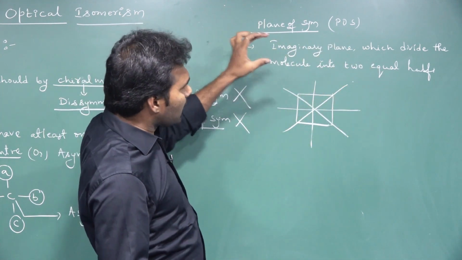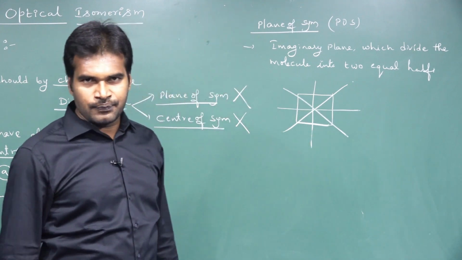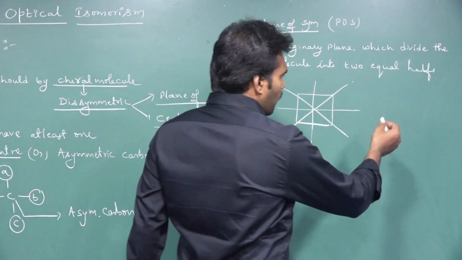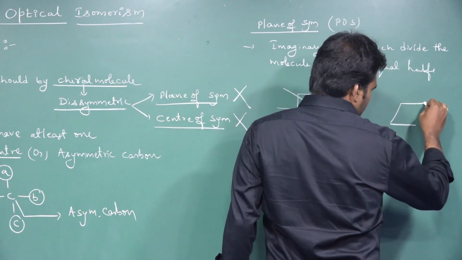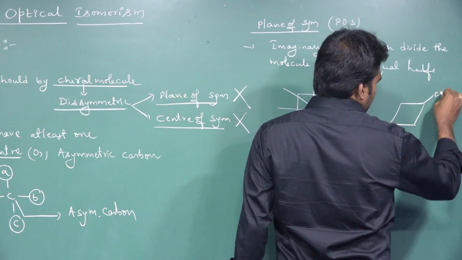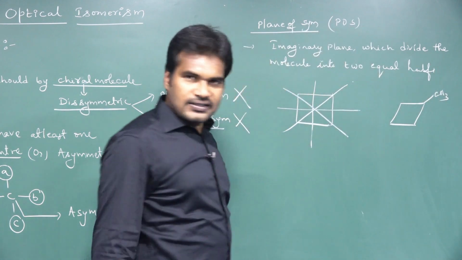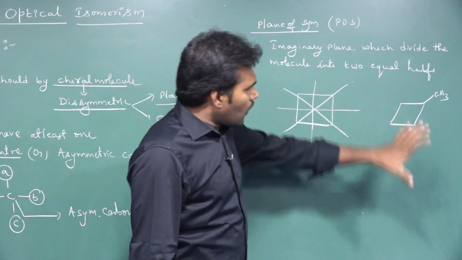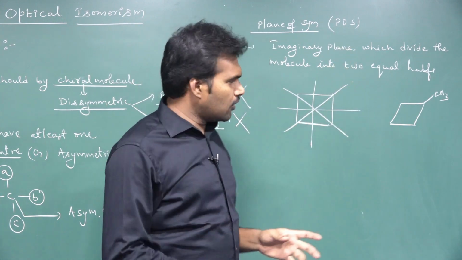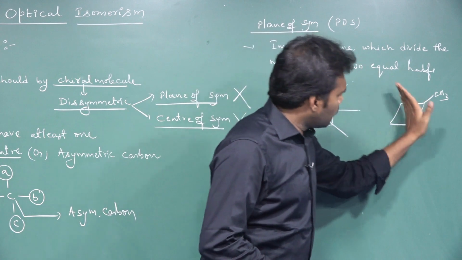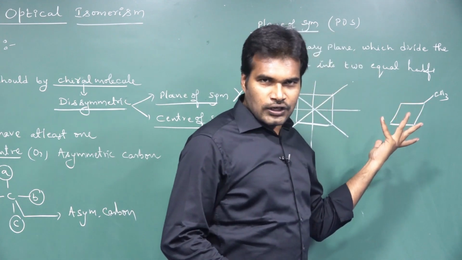Then that imaginary plane we call it as what? Plane of symmetry. For example, I am taking a compound here. Likewise, I have taken. Now tell me, is this compound having a plane of symmetry or not? Obviously, we generally think that if we cut this, there are no two equal halves.